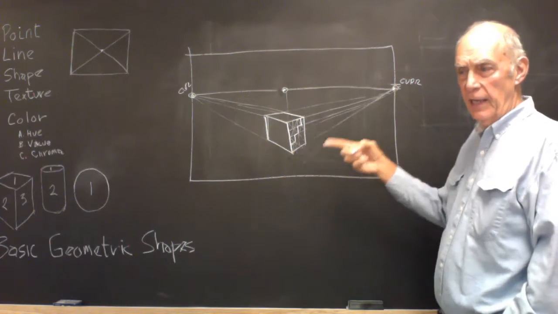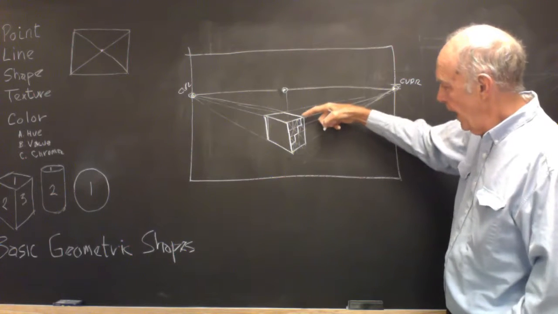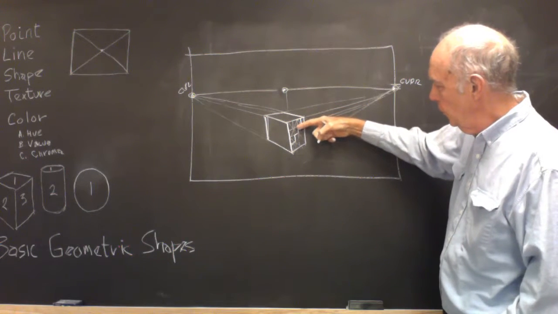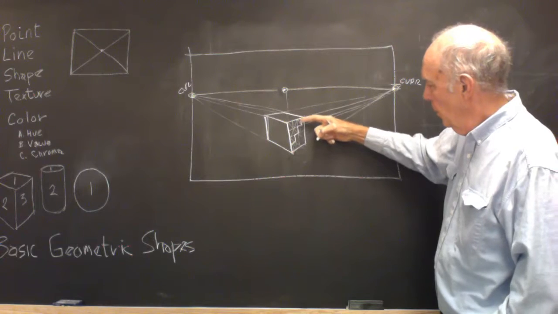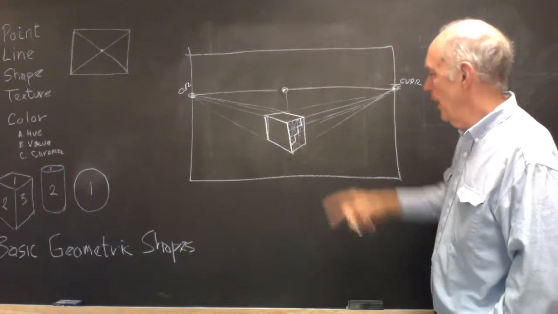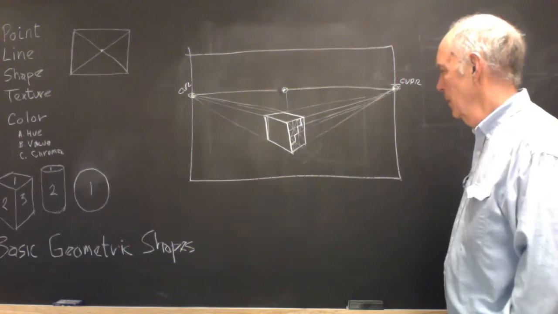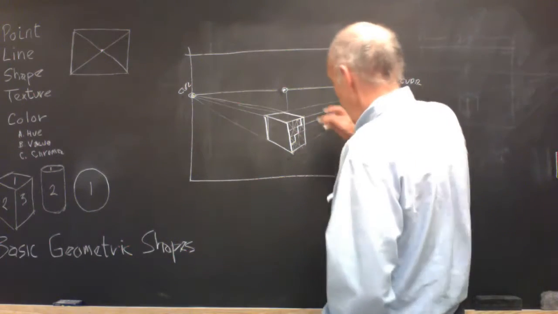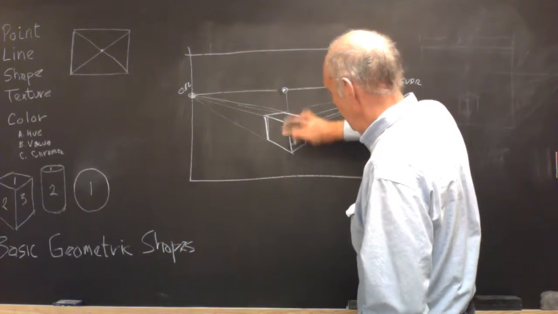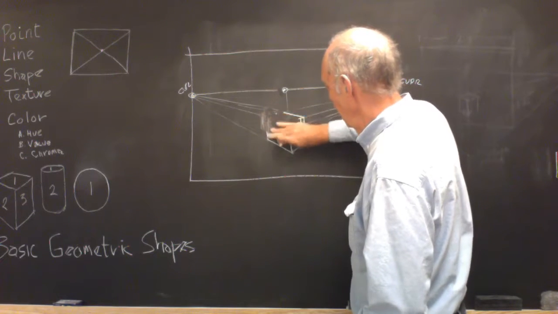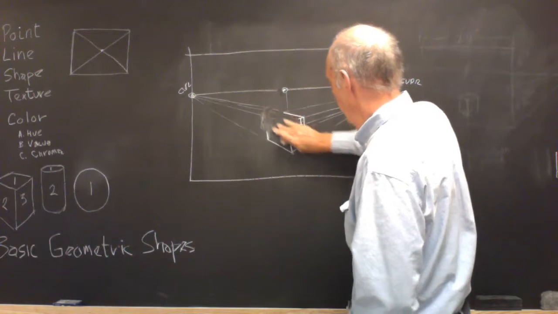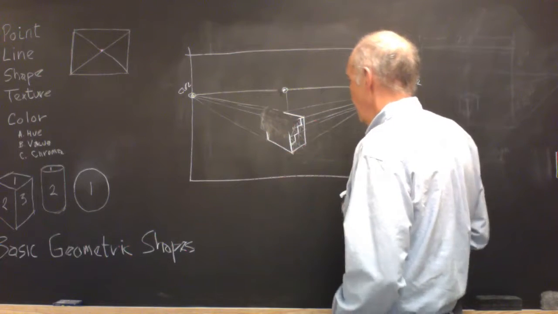So I cut that in half again. So now I have 1, 2, 3 steps. 4 steps. Yeah, 4 steps. Now I'm going to get rid of this because I want to cut this out. So I no longer want that.